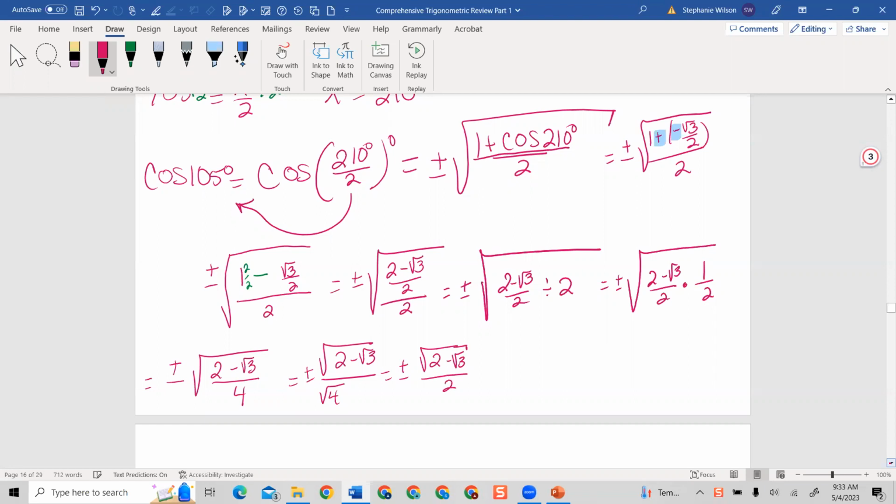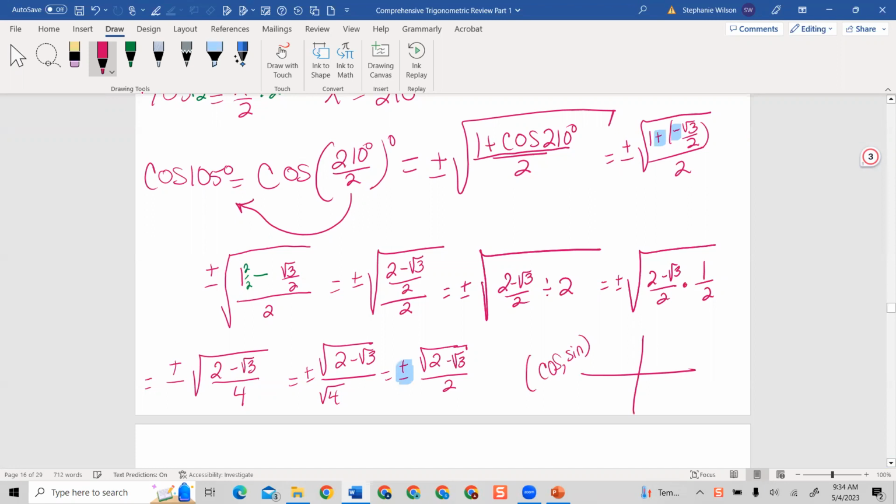So now I have my answer. I cannot clean this up anymore, except we need to determine which one we keep, plus or minus. So this is how I know. We go back to the unit circle, right? And we look at where does my x value fall. I say x value because cosine in our ordered pair in algebra represents the x value.